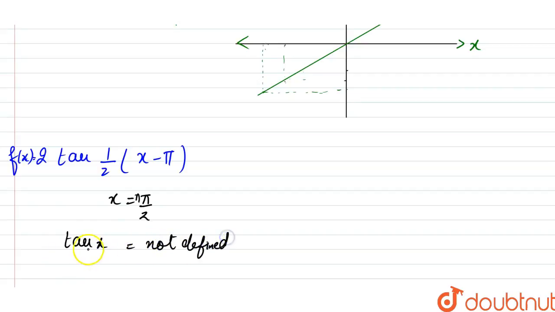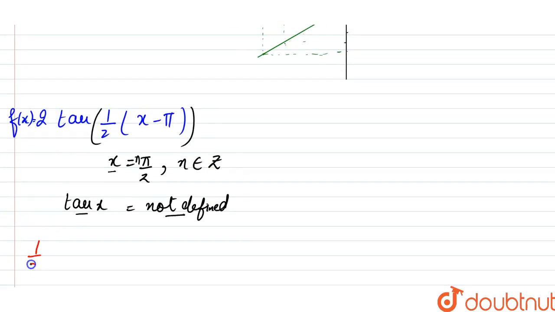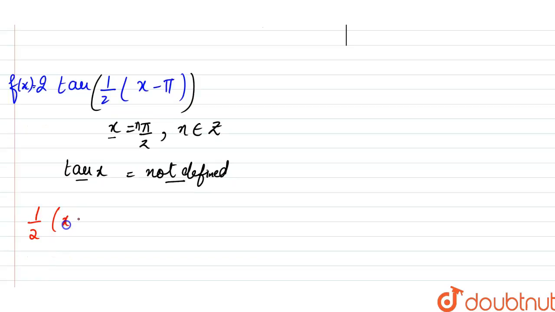That is, the tan function becomes not defined when x is n pi by 2, where n belongs to integers. Now the tan angle that we have been given is half of x minus pi. Now we have to look for the values of x where half into x minus pi will become n pi by 2, that is a multiple of pi by 2.